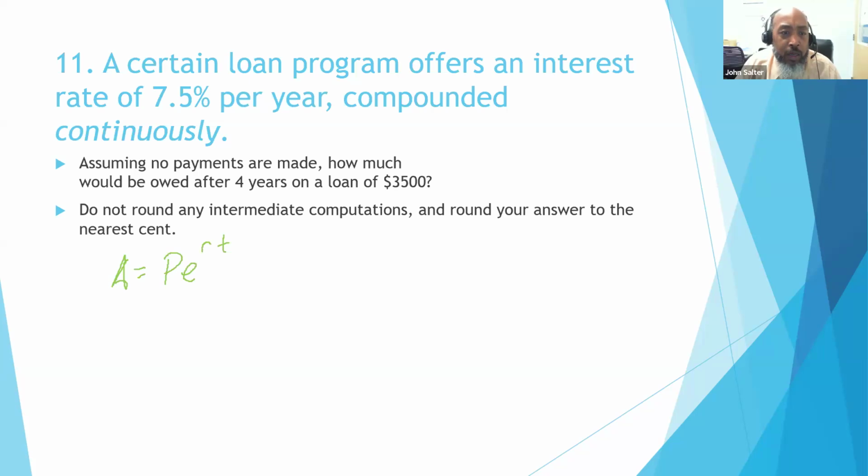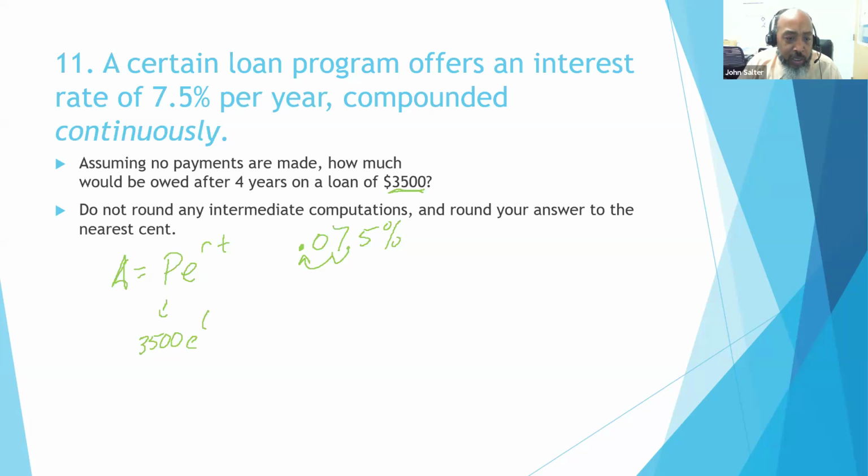The principal, the original amount of this loan, is 3,500. E is a constant. My interest rate is 7.5%. I need to change that into a decimal.